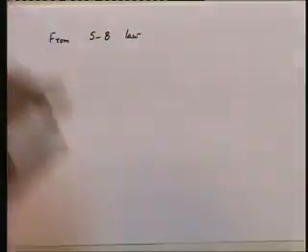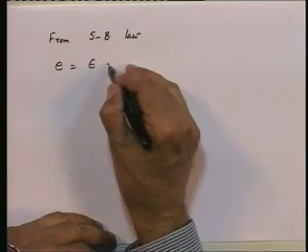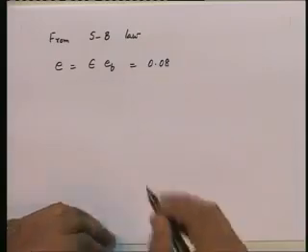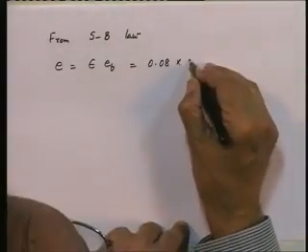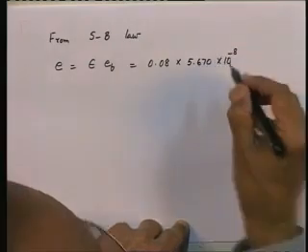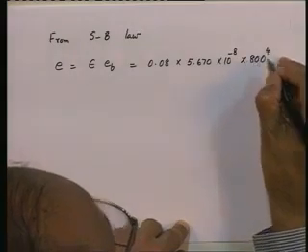First of all, from the Stefan-Boltzmann law, E is equal to epsilon times E b, which is 0.08, that is the emissivity, multiplied by 5.670 times 10 to the minus 8 multiplied by 800 Kelvin to the power of 4.